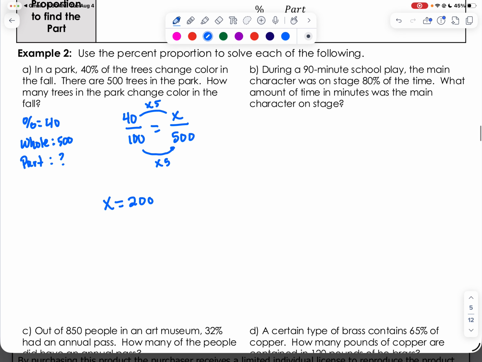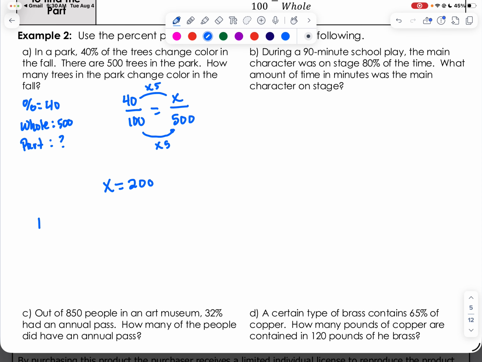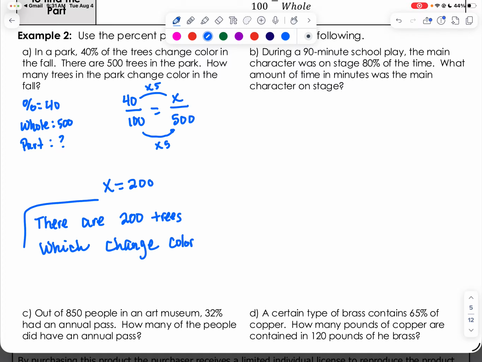So therefore, we know there are 200 trees which change color. 40% of the trees change color. So 200 trees in this park change color and 300 do not.